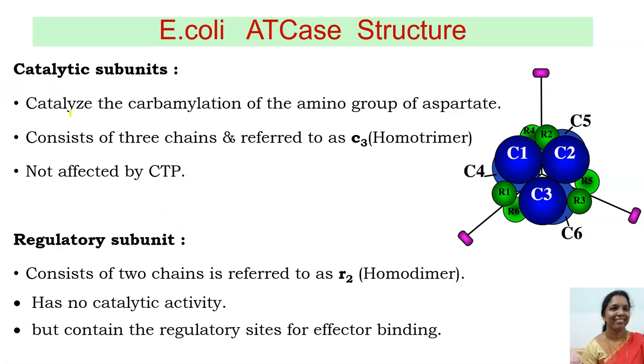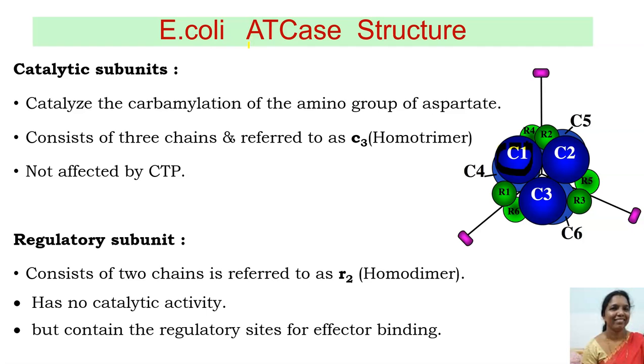The catalytic subunits catalyze the carbamylation of the amino groups of aspartate. Simply, they catalyze the reaction. Which catalyze the reaction? The catalytic subunits. See here, this C1, C2, C3, C4, C5, C6 are the catalytic subunits of aspartate transcarbamylase enzyme.